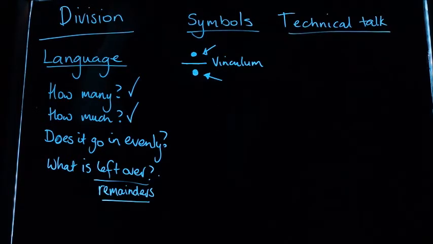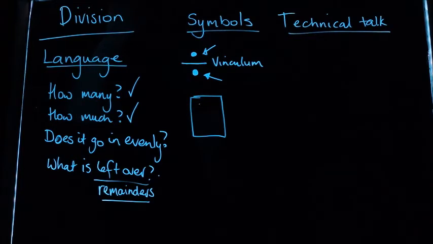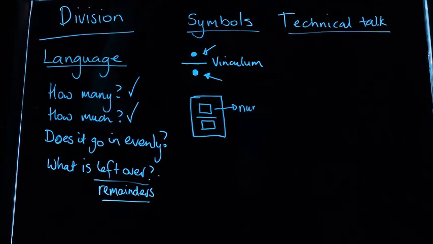Okay, so the link here, I want you to look on your calculator and look for the fraction button. Do you see the same sort of symbol? Hopefully you do. If we're talking about fractions, you would say this is a numerator.